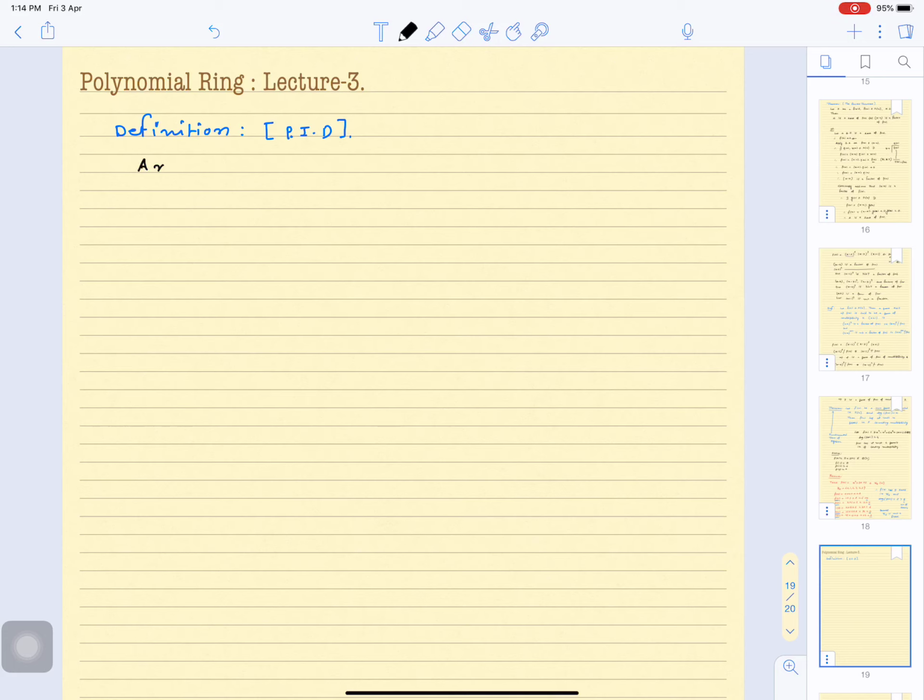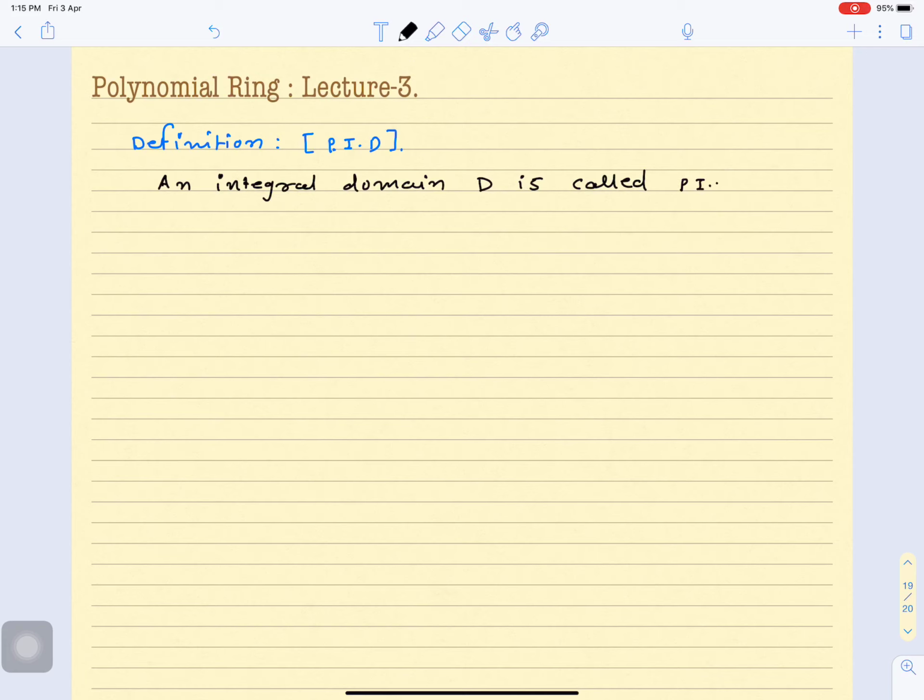An integral domain D is called a PID, principal integral domain, if every ideal in D is a principal ideal.